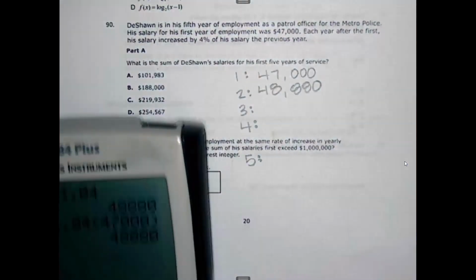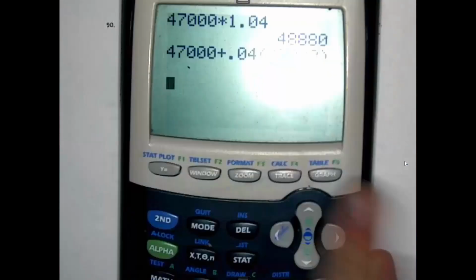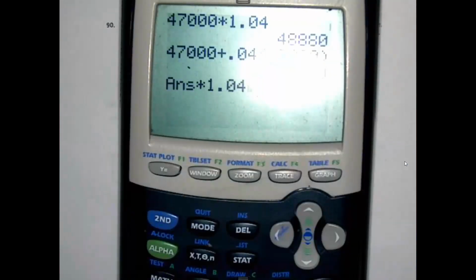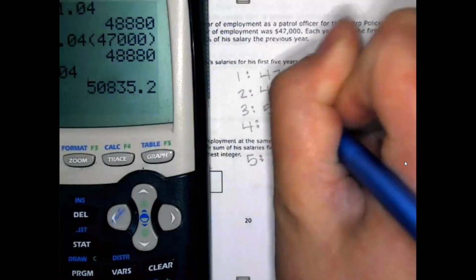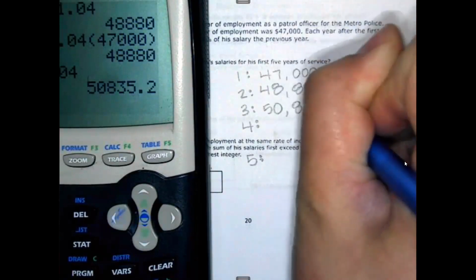Okay, and then we're going to multiply by 1.04 again. 50,835.20.